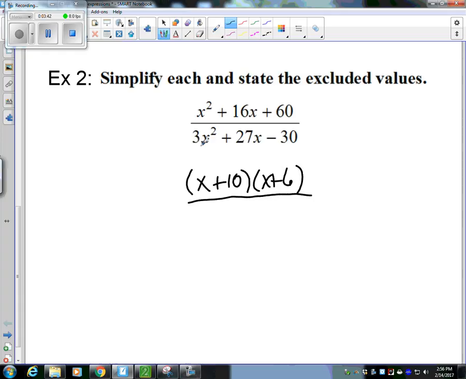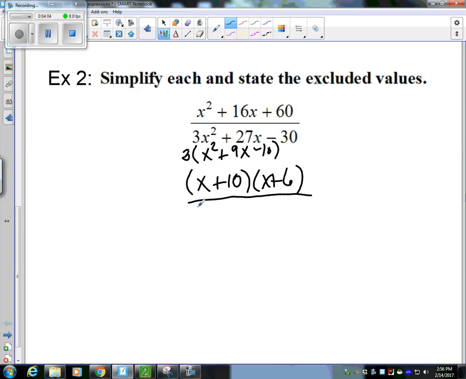In the denominator, the greatest common factor there is 3. Because we have more than one step here, I'm going to factor out a 3. On the inside here, the a in this quadratic is 1, so again there's a shortcut. What two numbers multiply to negative 10 that'll add up to 9?